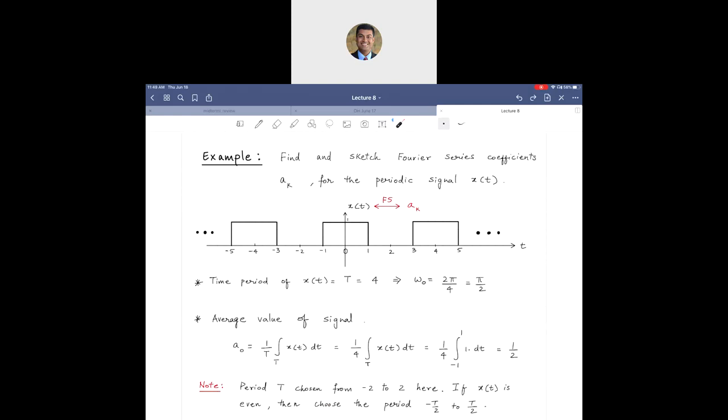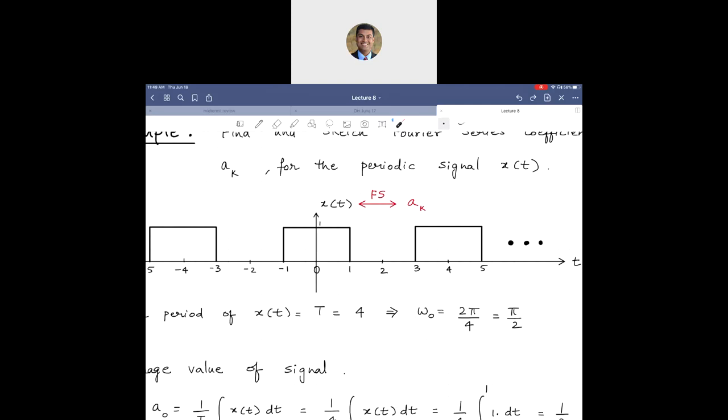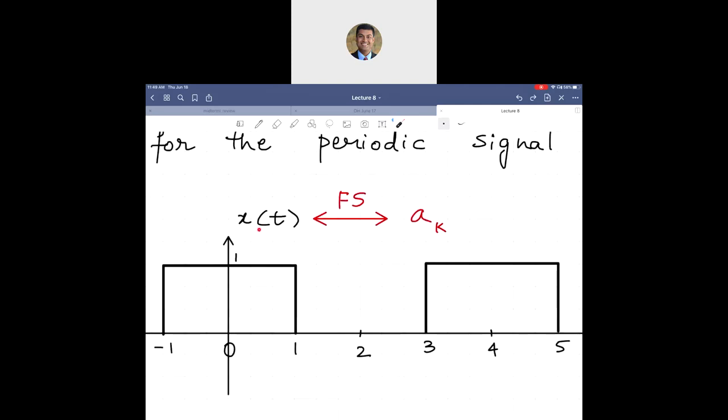It is 1 between negative 1 and 1, 3 and 5, and so on. It is even. And I'm denoting x of t followed by an arrow that is pointing in both directions, FS, standing for Fourier series, and the Fourier series coefficients are denoted as a sub k.